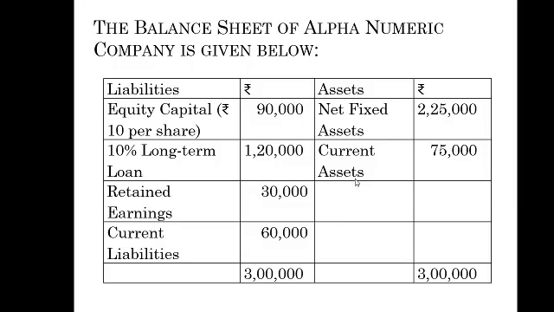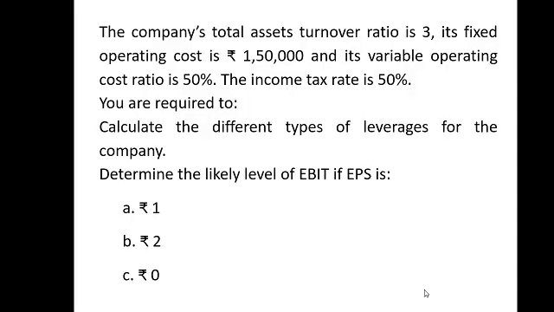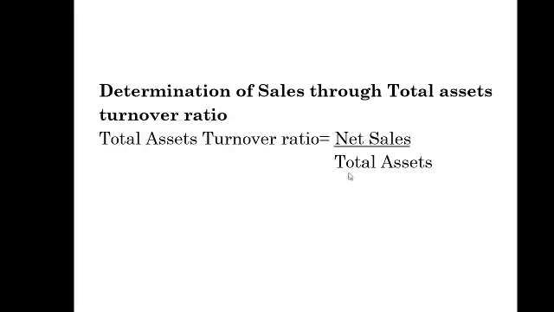So here asset turnover ratio is given to you, total assets is given, because for that purpose they given it in the balance sheet. So total asset is 3 lakh here, this value you have to take. If you know the two values, you can get the net sales. So first step, calculation of sales through total asset turnover ratio.